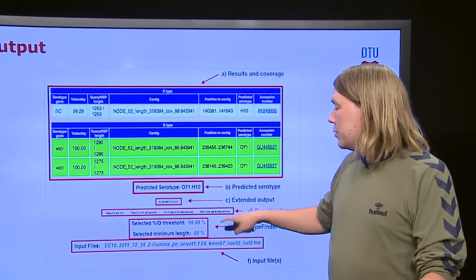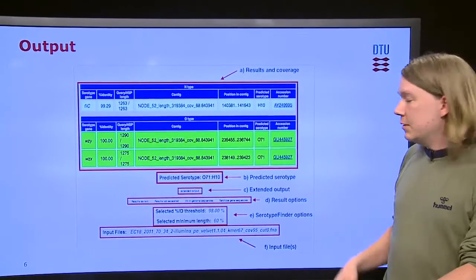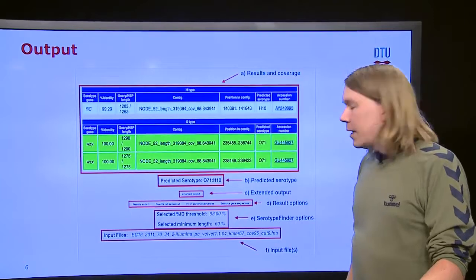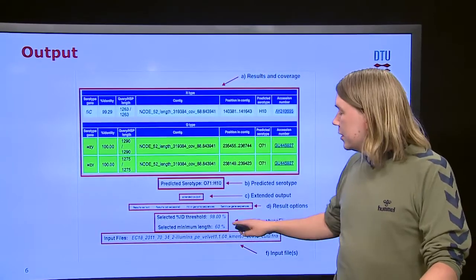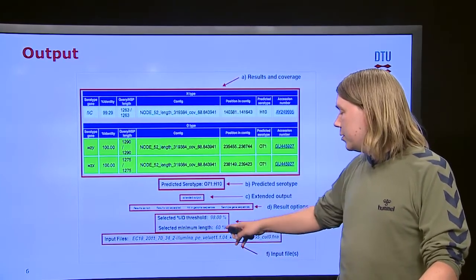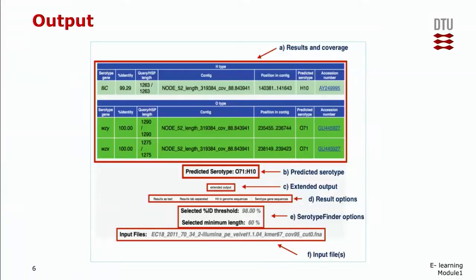And then you can download the specific sequences for either the gene or the hit in the gene. And the last three lines here basically just give you information on the settings that you have used, your percentage threshold, your minimum length, and which files you put into the tool.